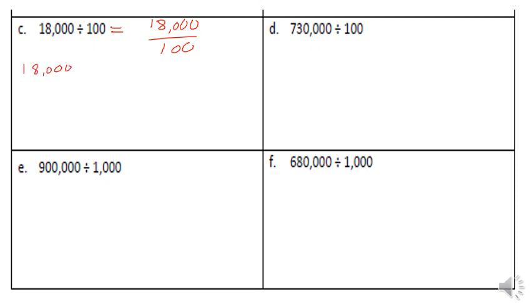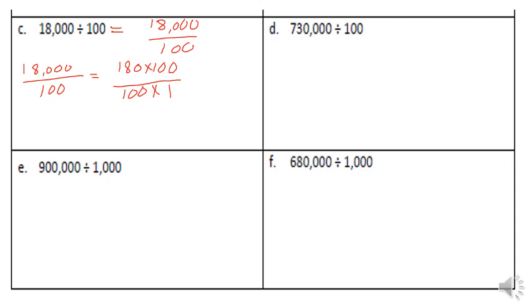Now, I'm going to take this down here. If I have 18,000 divided by 100, not 10, if I decode that, I can see I have a common factor of 100. So I'm going to make this 180 times 100, and then on the bottom I've got 100 times 1.